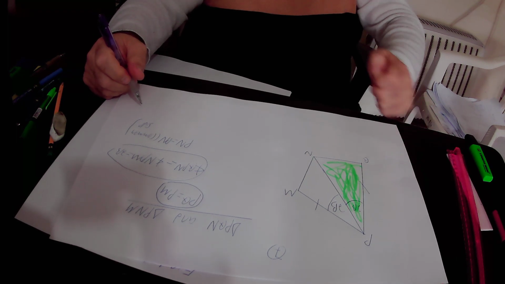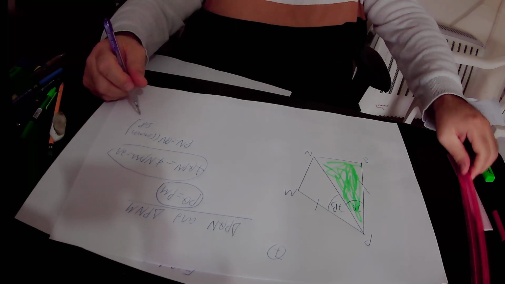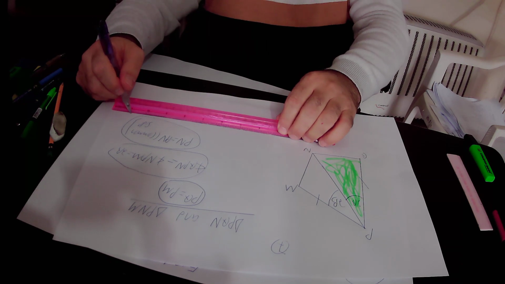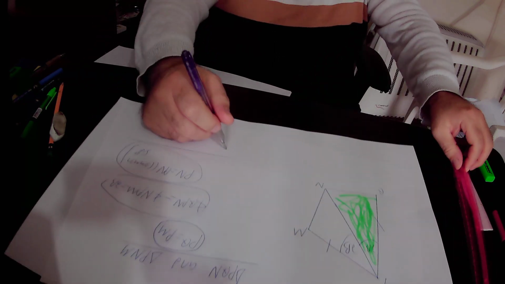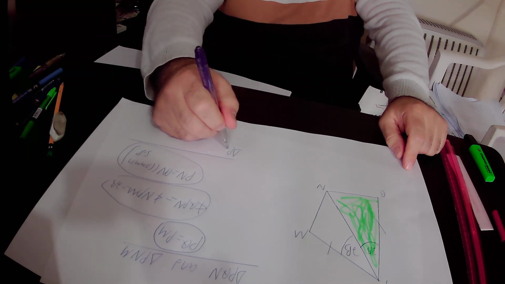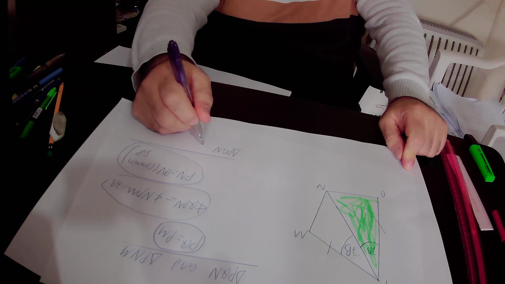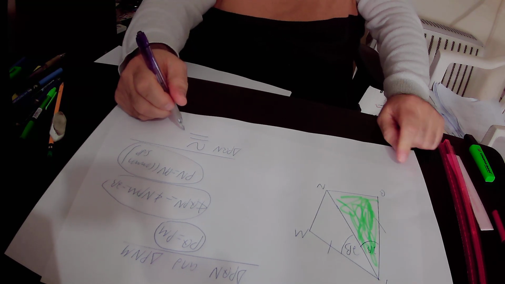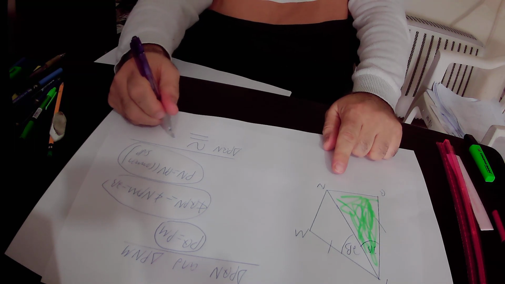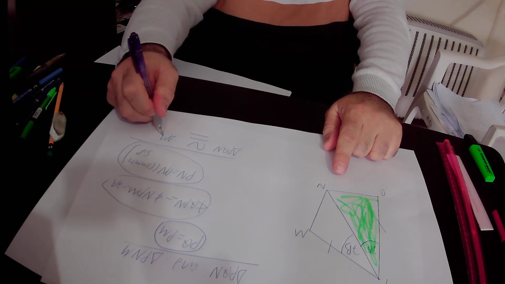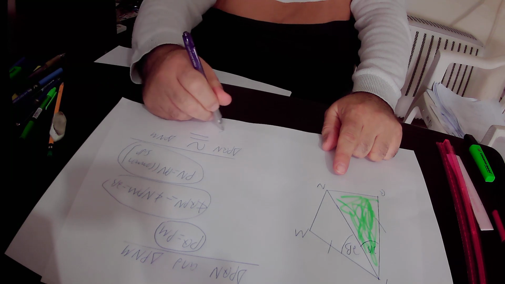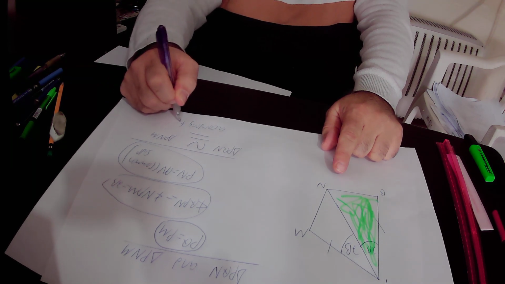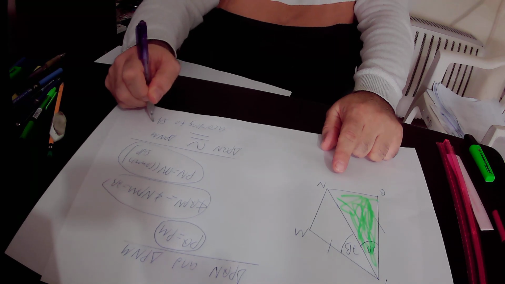So actually we proved that the green triangle PQN is congruent to the white triangle PNM according to the side rule.